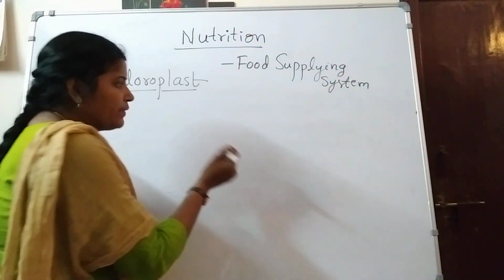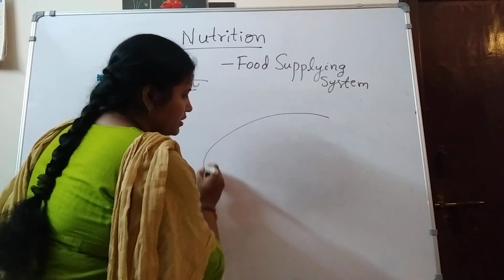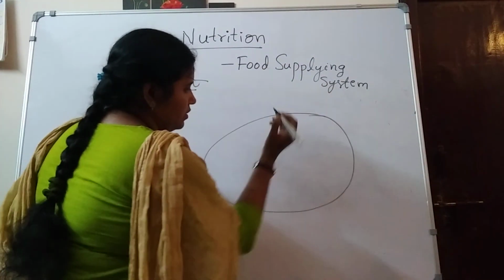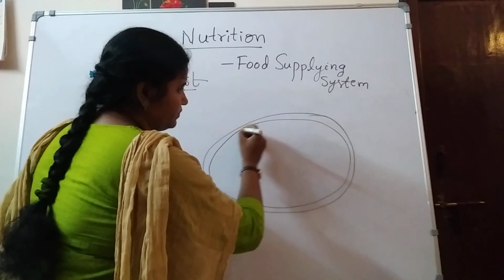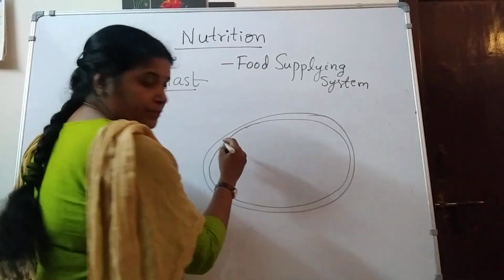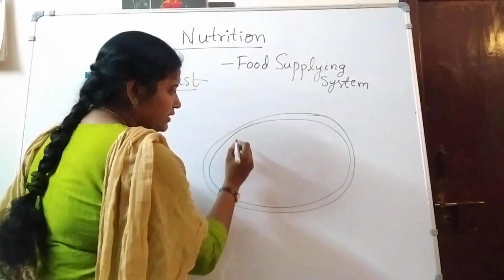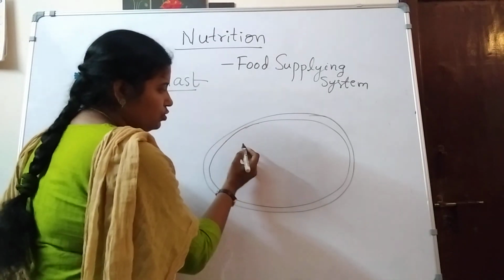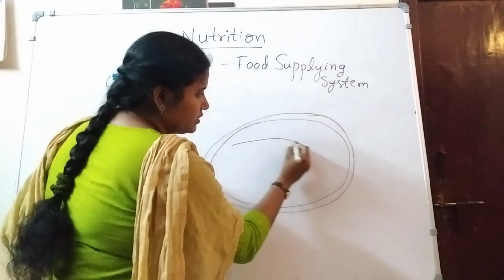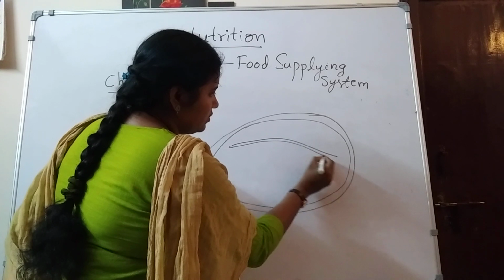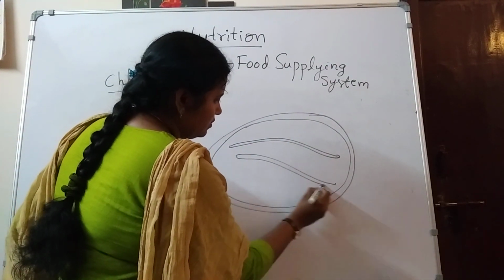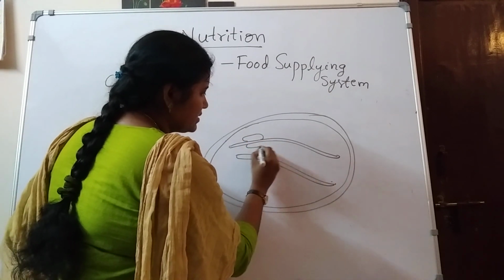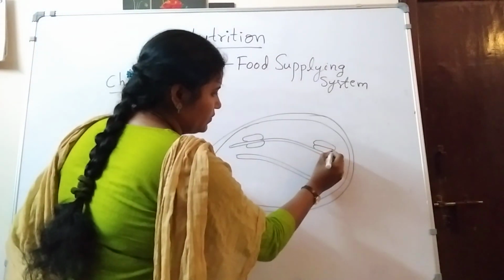So chloroplast is a membranous structure. See these membranes, these are the membranous structure. Okay, so in this membranous structure, how many membranes are there? 3 membranes. This is 1, 2 and the third membrane I am drawing. See here, this is the third membrane, like this, and it forms stacked sac-like structures like this.